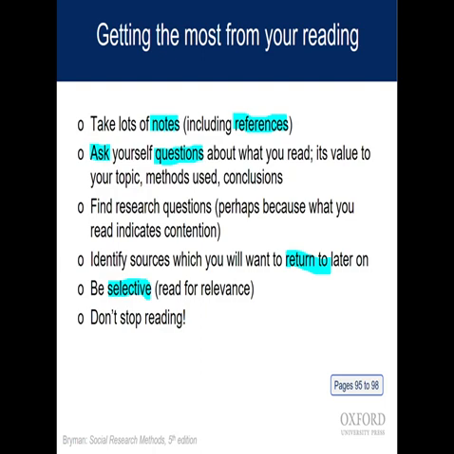When you're going through all of these studies and finding relevant studies one at a time, you read through them and do the things in the list here. Take lots of notes, and when they say including references, one good thing about finding a good paper is that the paper has a literature review, and they've gone over maybe not every relevant study, but at least some relevant studies.